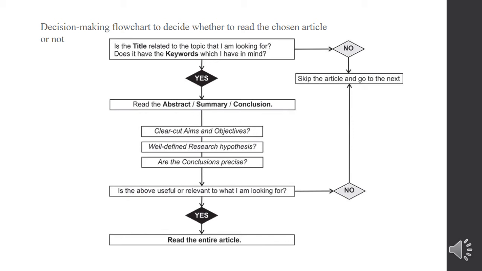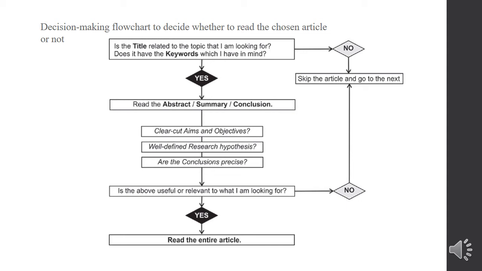When reading the abstract, you should be able to identify clear-cut aims and objectives, which means the goal of the study is clear, the research hypothesis is well defined, and the conclusions are precise. If yes, the following question is: is the above useful or relevant to what you are looking for?